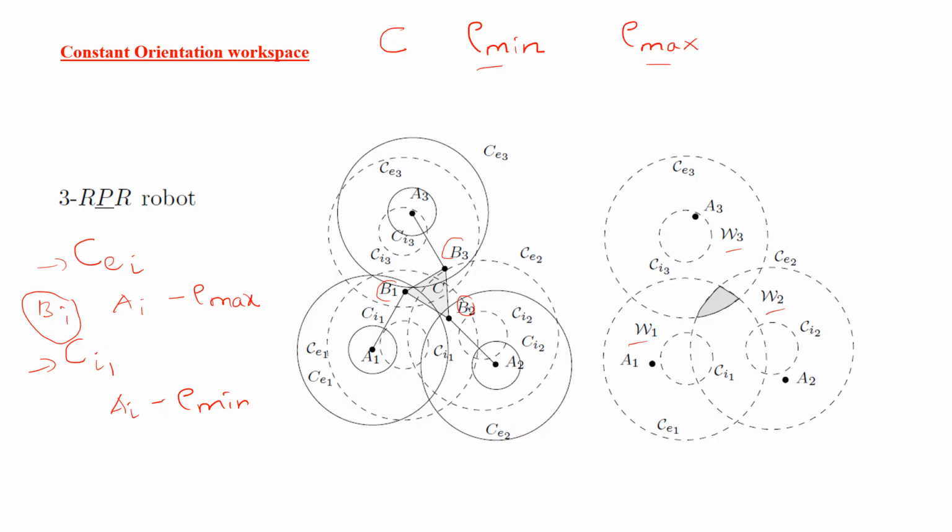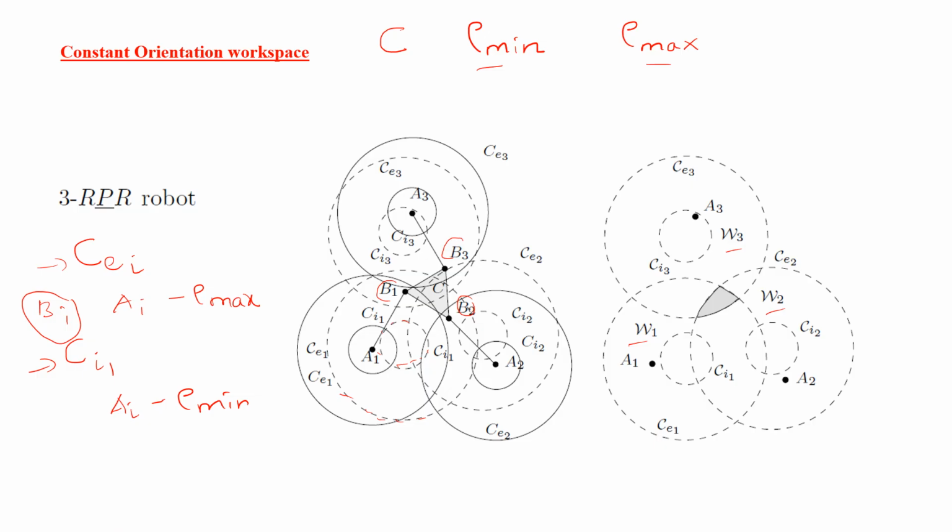This point C will be moving within these zones W1, W2 and W3, with boundaries which are circles CEI and CI1. As you see in this figure, they are represented as broken lines. The center SI is obtained by translating AI by the vector BIC.